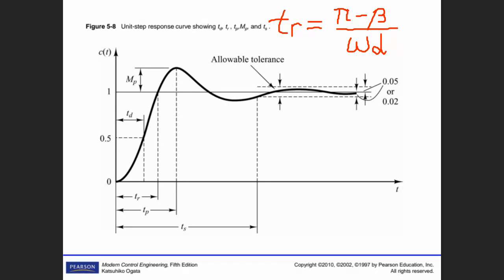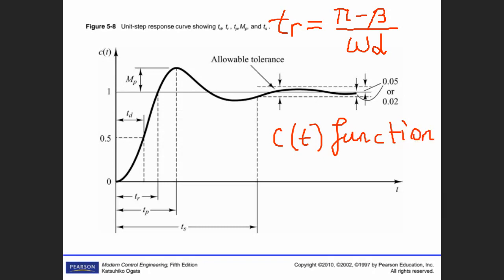What about t_p? What are we going to do? How could I obtain t_p? Does anyone have an idea, who is going to give me a hint? I know the c(t) function. I know the analytical equation of this one.